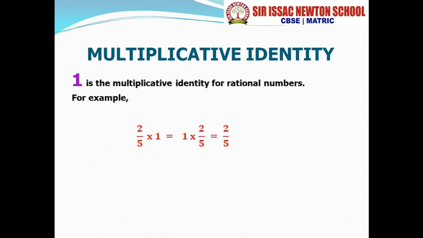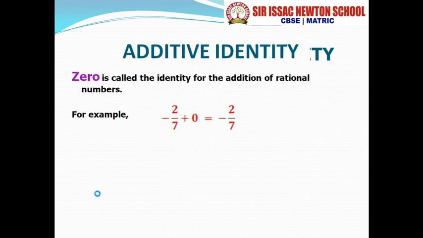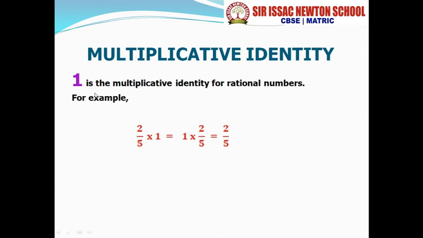Therefore, the additive identity is 0. But when I multiply the rational number by 1, I get the identical number. Therefore, the multiplicative identity is always 1. So let me tell you once again: 0 is the additive identity and 1 is called the multiplicative identity.